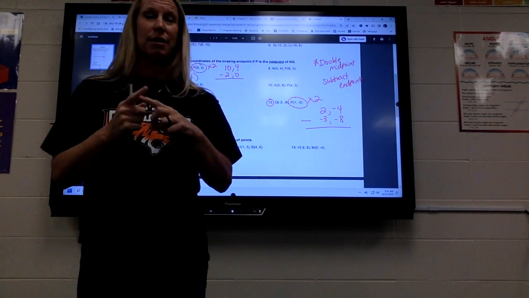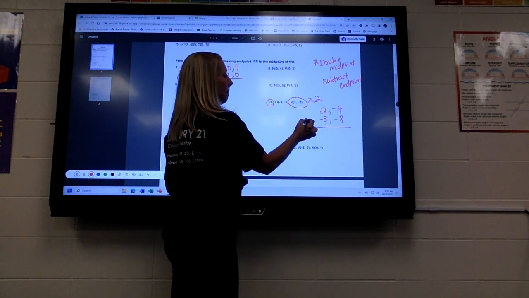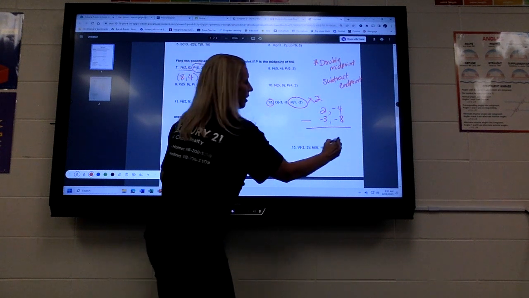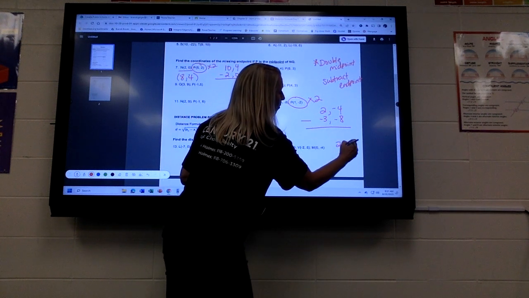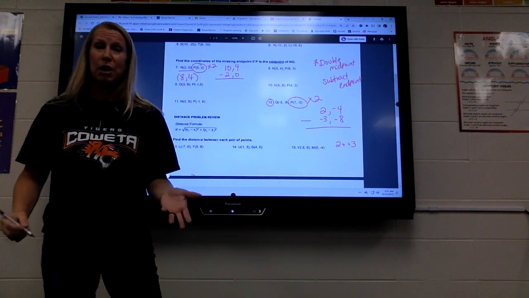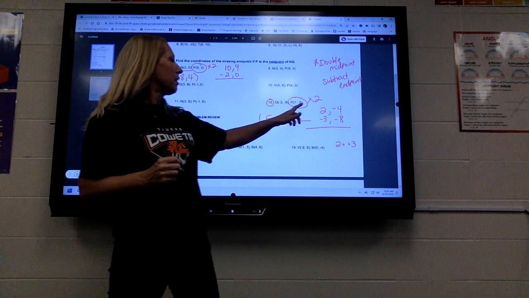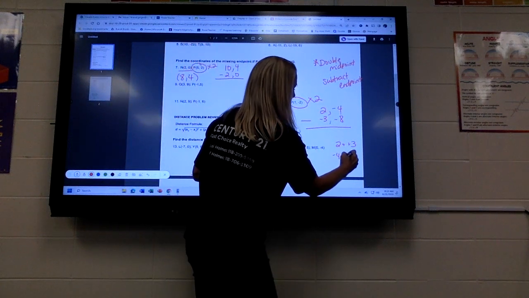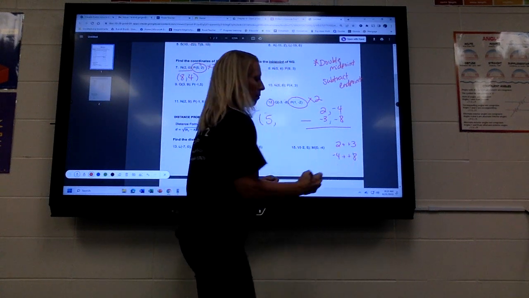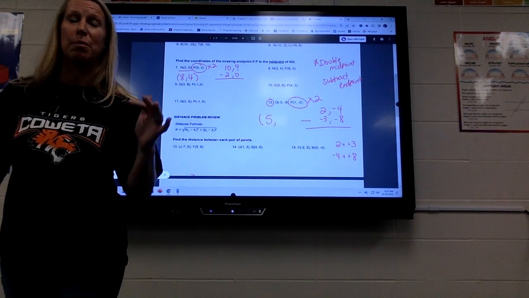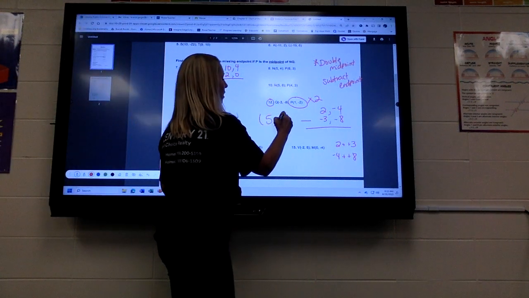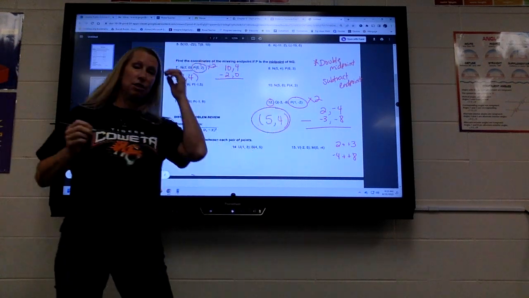It makes plus positive. So when I do 2 minus a negative 3, that's really plus positive, so it's really 2 plus 3, which would be 5. And then negative 4 minus a negative 8, which would make that plus positive, so it's negative 4 plus 8, which would be 4. That's your answer.